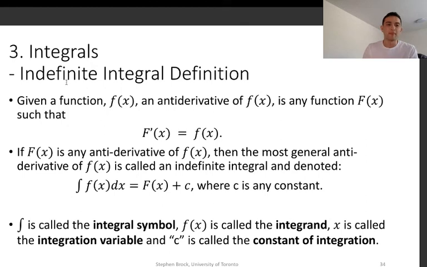So we refer to f of x in this case as a function and capital F of x as the antiderivative of function f of x. Antiderivative, okay, anti is not derivative. So in this case, we're actually performing the inverse operation.